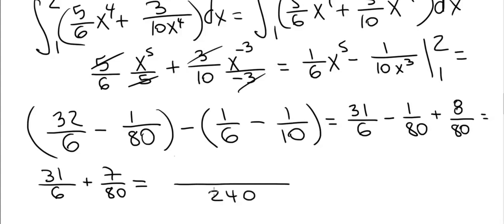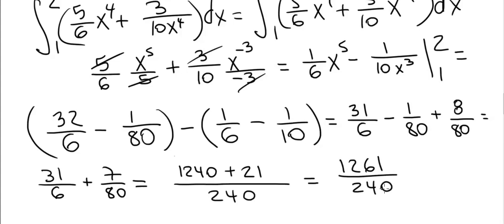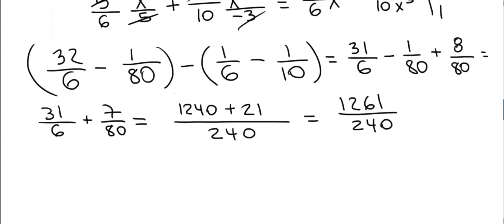So 240 will multiply the first, the 31 over 6 term by 40, so 1240 in the numerator, and we multiply the 7 over 80 term by 3, so that would put 21 in the numerator. So the final answer is 1,261 divided by 240, which is the arc length of this function over the interval 1 to 2.